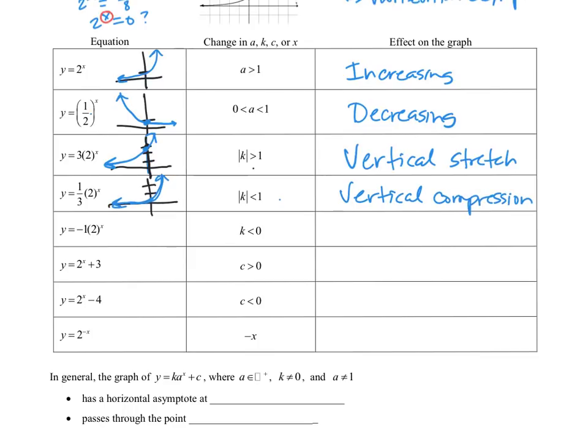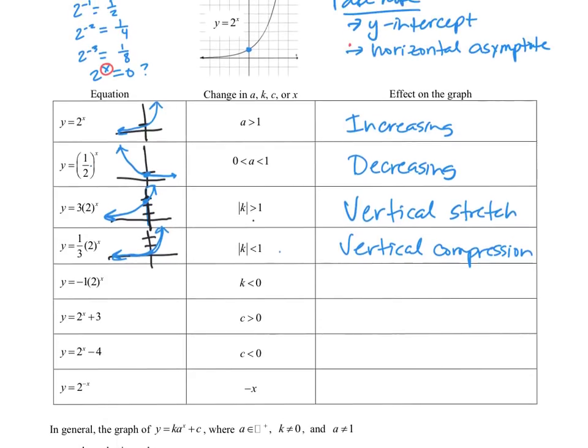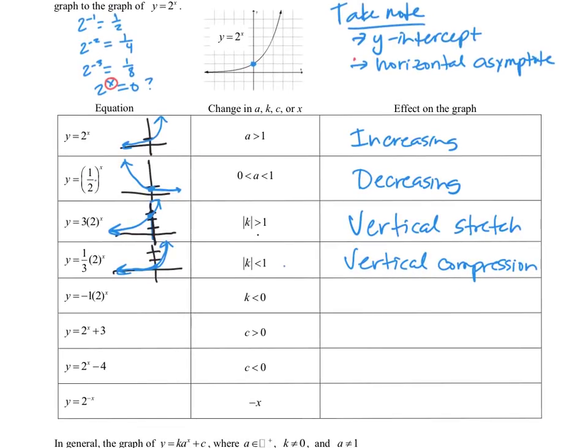Now, what about if k is negative? It shouldn't surprise you that if I take a function's output value, 2 to the x, and multiply it by -1, we get the opposite y values that we would have if k were positive. So it flips the graph upside down. It's a reflection in the x-axis.